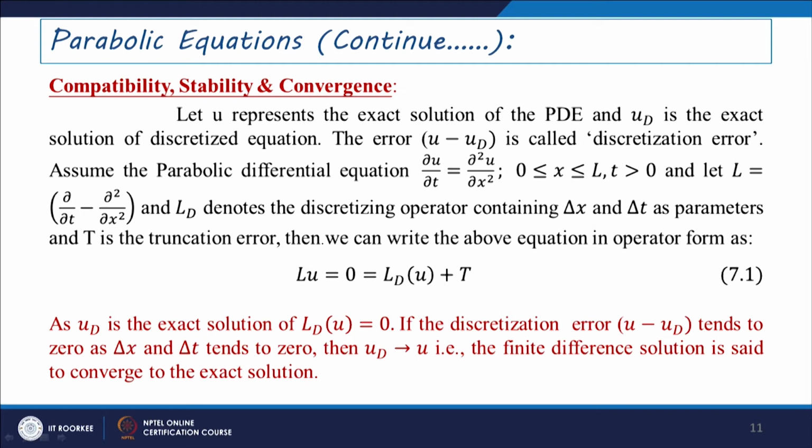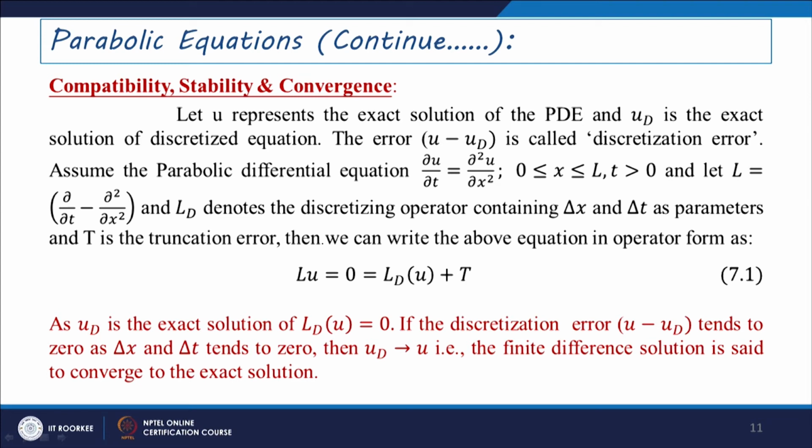Assume this parabolic differential equation in the form del u by del t equals del square u by del x square, where x lies between 0 and L, t greater than 0, and let L be the operator defined as del by del t minus del square by del x square. Suppose LD denotes the discretizing operator containing del x and del t as the parameters, and T is the truncation error here.